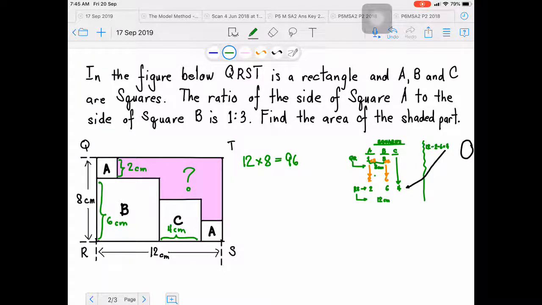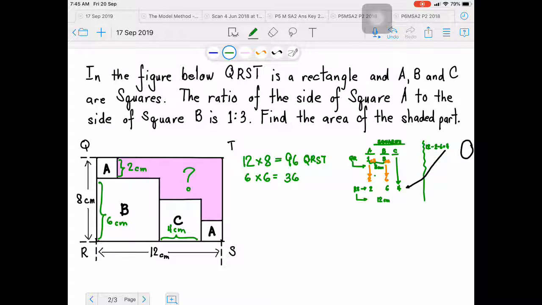Okay, now let's find the area of one square. The area of one square, if you notice, square B has a side of 6 cm.